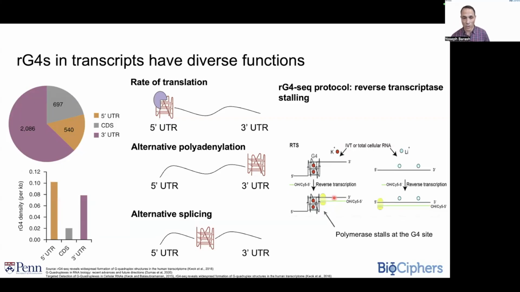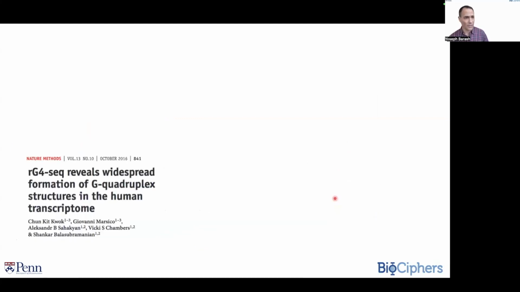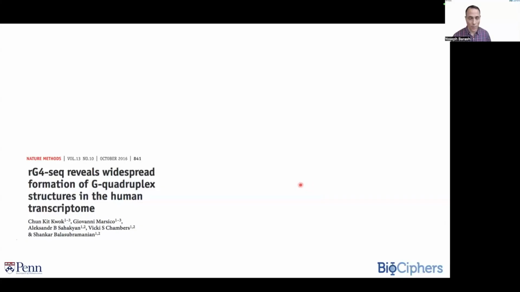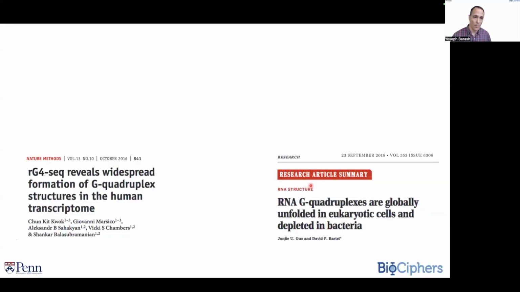And this was done the first time in a high throughput manner and led to this Nature Methods paper back in 2016, reporting their widespread presence across the RNAs. Now, almost at the same time that this was published, another paper was published in this obscure journal called Science by another unknown group, David Bartel's group, basically saying that those don't actually form in vivo, right?